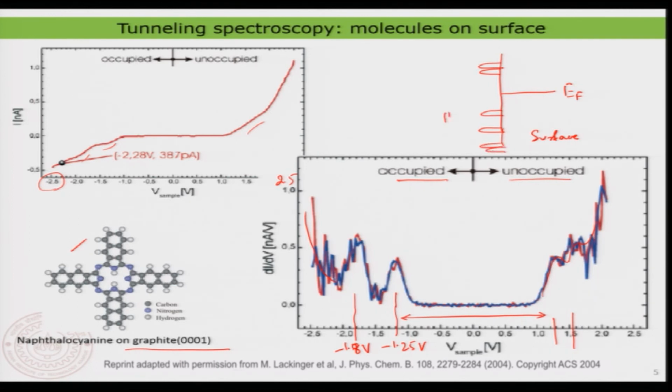So, this is basically the HOMO, this is the HOMO minus 1, and then I have here HOMO minus 2 and so on. And here I have basically LUMO and LUMO plus 1 and so on.